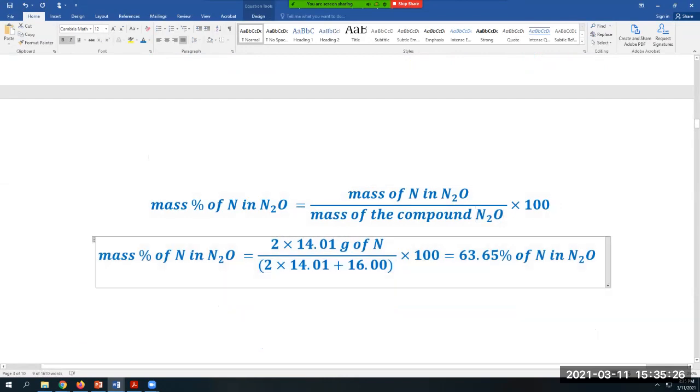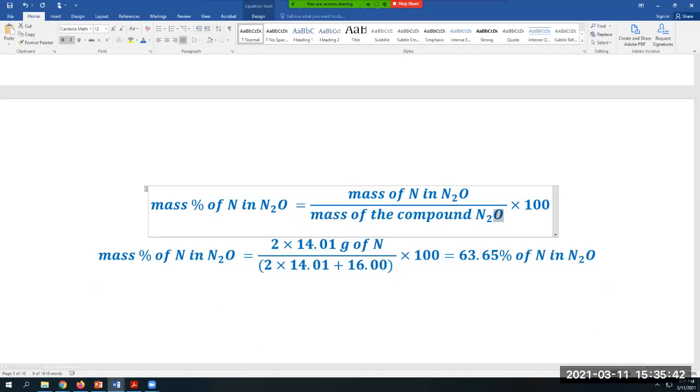And so the molar mass takes 2 times the molar mass of nitrogen plus 1 times the molar mass of oxygen, because we have only 1 oxygen in this formula, times 100. Again, in the calculator, you do 2 times 14.01 divided by, open the parentheses, 2 times 14.01 plus 16, close the parentheses, times 100.